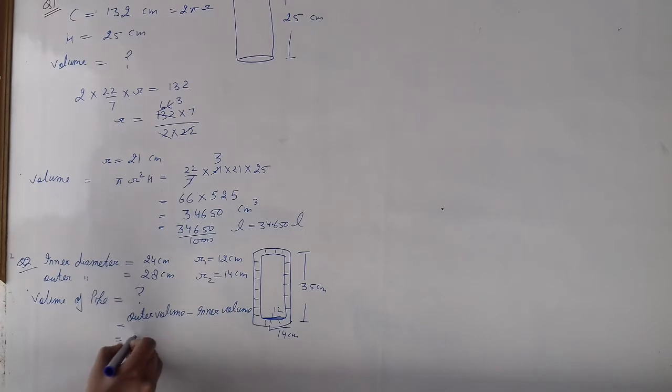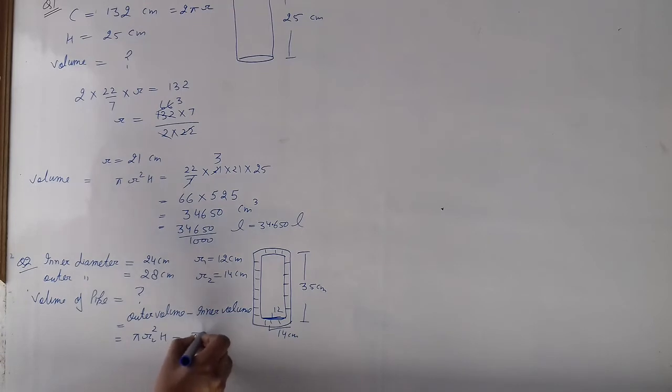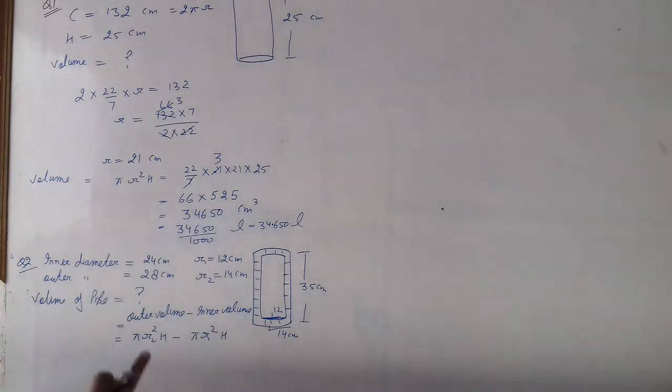So outer volume is pi r2 square h minus inner pi r1 square h, where r2 and r1 are the outer radius and inner radius. Right students, you are seeing here pi is same in both cases and height is same.